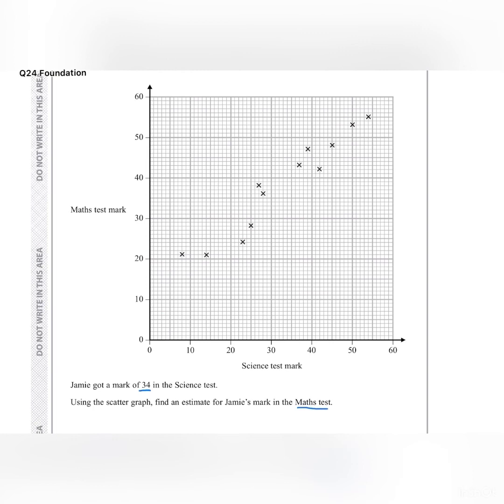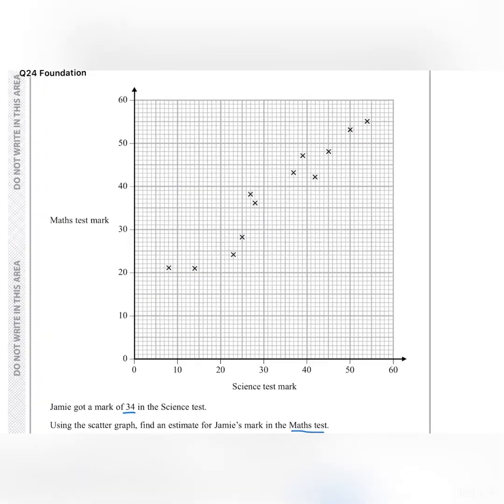Okay, so a scatter graph shows a correlation between 2 sets of data, and we can figure out the answer by drawing a line of best fit. So a line of best fit approximately goes halfway between the points, with half the points on either side of that line, and it follows the general trend, the correlation of the marks.